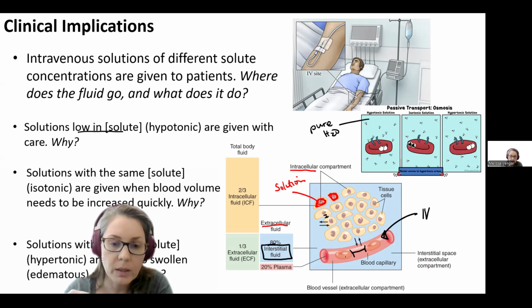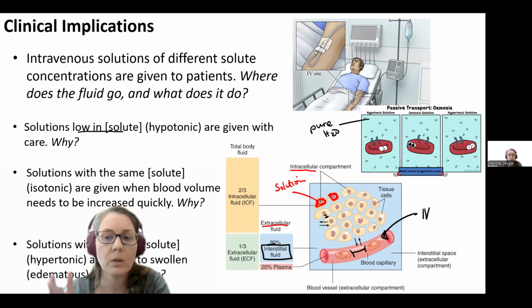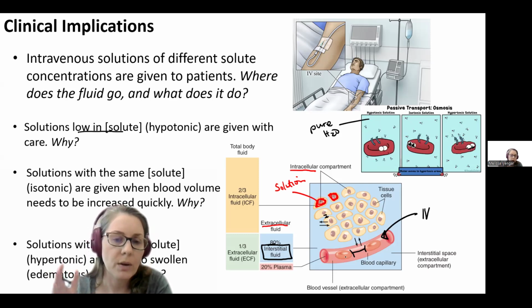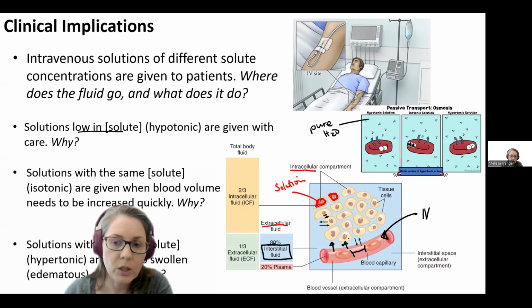But inside of your red blood cells, it's usually a 0.9% saline solution, so 0.9% salt. In that case, you have more water on the outside and less water on the inside. Your cells will start to expand. That will also lead to more water leaving your blood supply and going to the interstitial space, where now you have more water on the outside and less water on the inside.